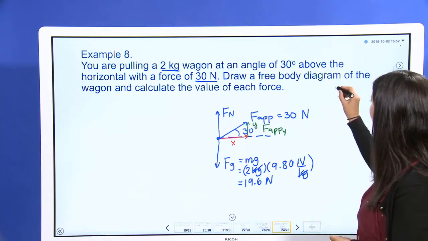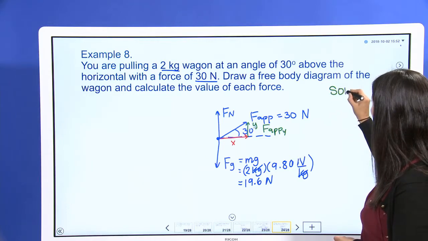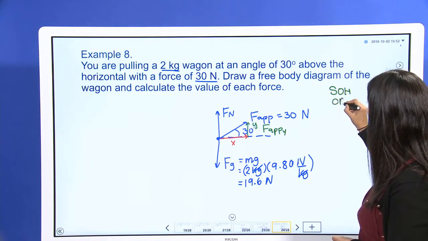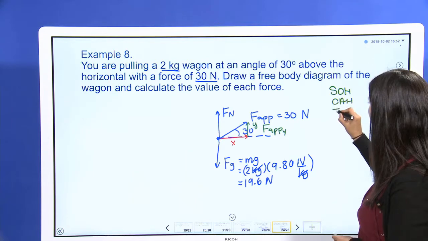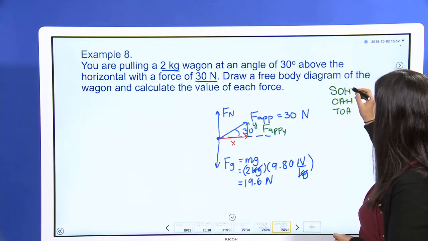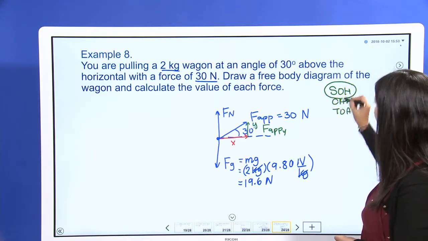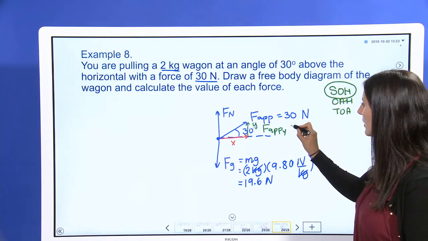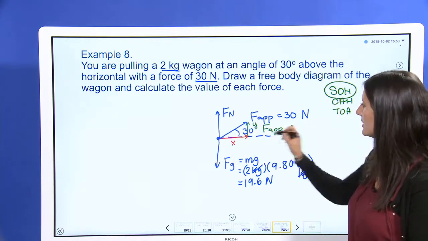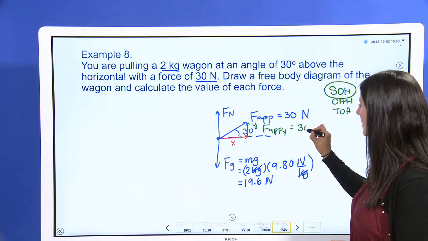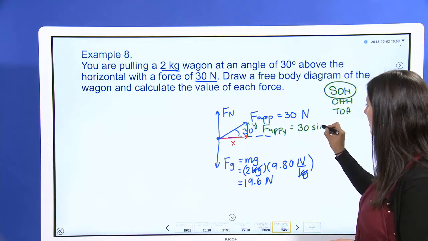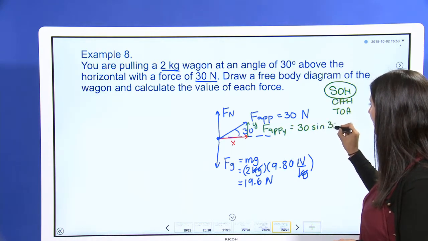So if I'm looking at SOHCAHTOA, opposite side means I'm going to be using sine. So it would equal the hypotenuse, 30, sine of my angle, 30.